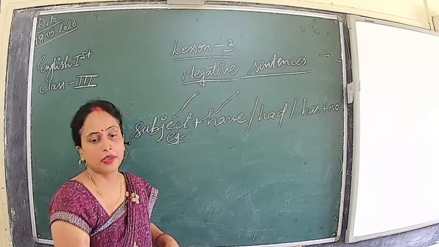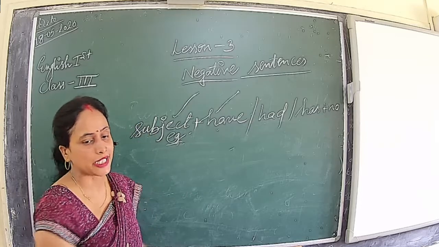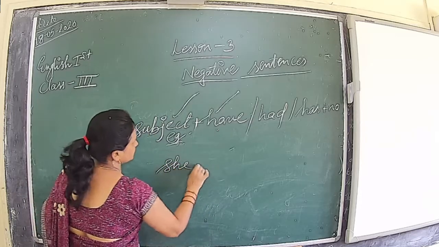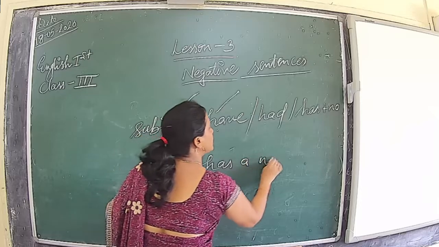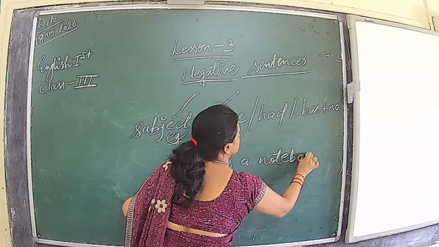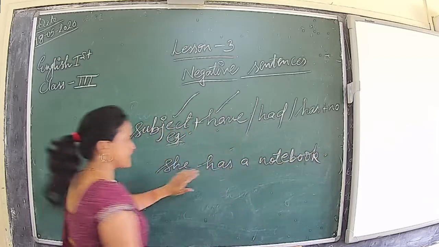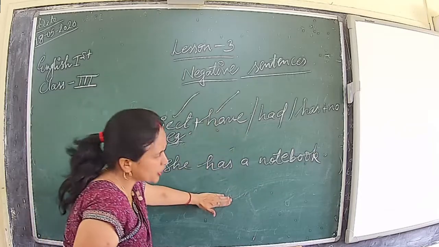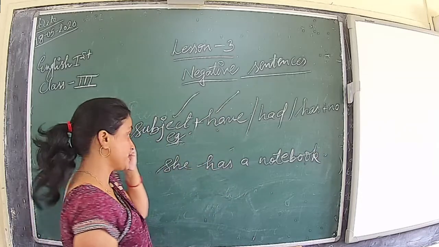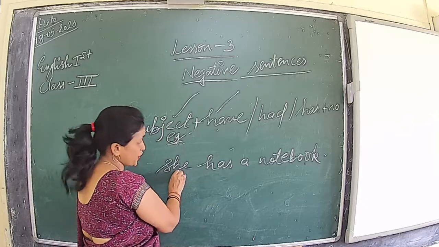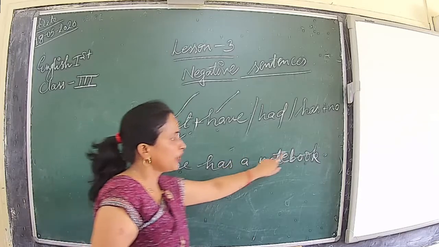Now, she has a notebook. This is an affirmative sentence. Now we have to change it into the negative sentence. How do we change it? In this sentence, the subject is she, she has a notebook.